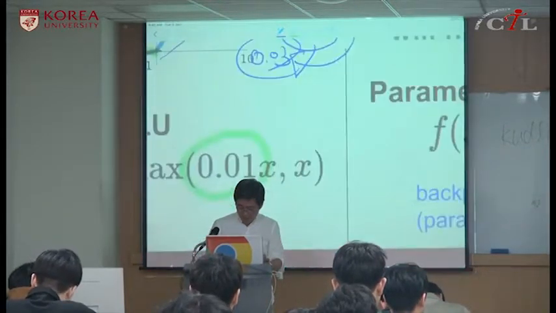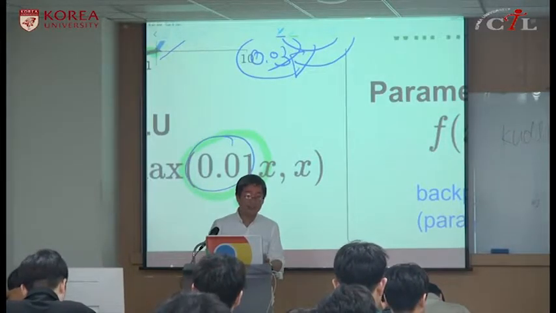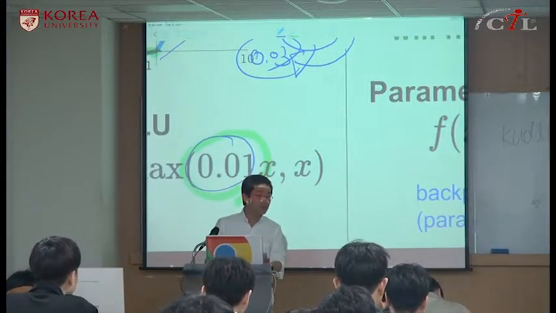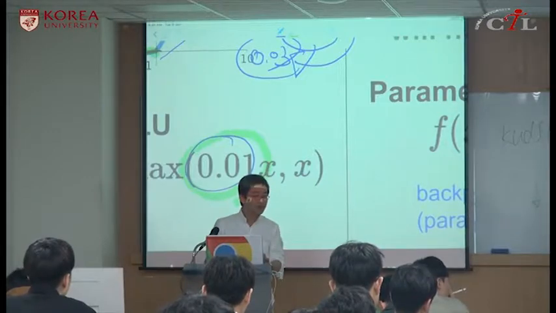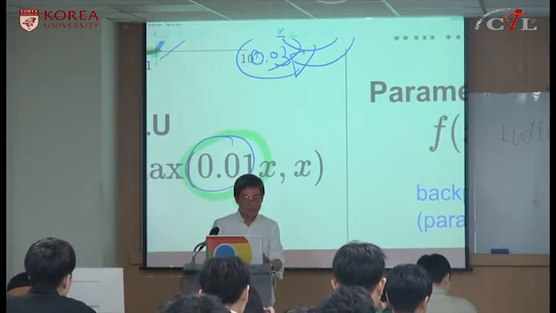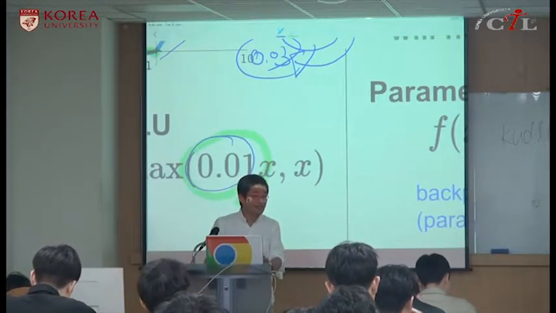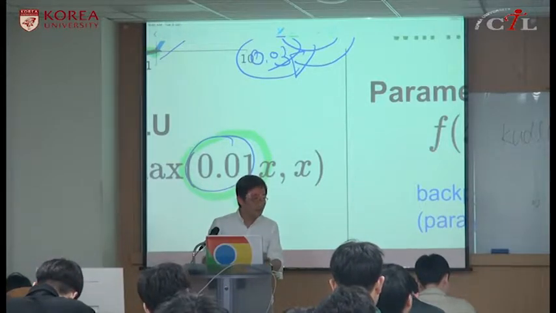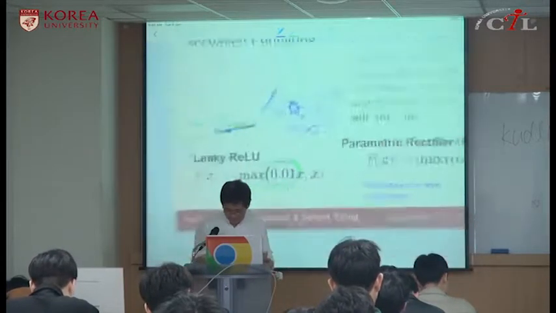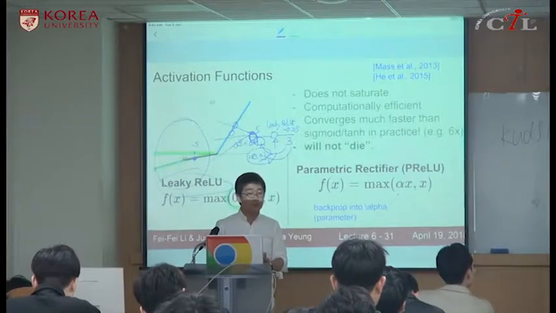And how do we obtain this particular value, 0.01 or some such value? It is set as a hyperparameter, so we have to set it in advance in the case of Leaky ReLU.